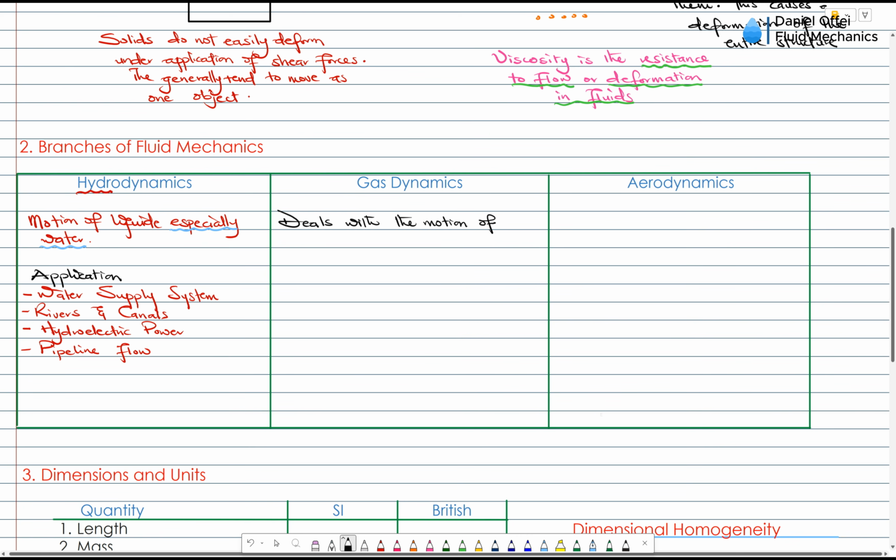Then gas dynamics deals with the motion of compressible gases when they flow under high speed. At these kinds of speeds, we expect that the densities will change. So because there are spaces between the particles, we are expecting the densities to change as they move very fast. And once there is some form of allowance, then the particles can come closer together.